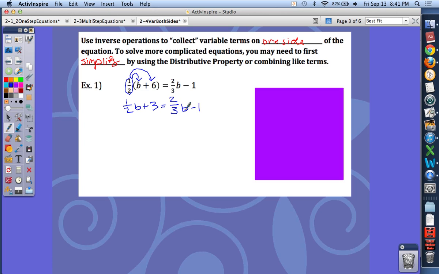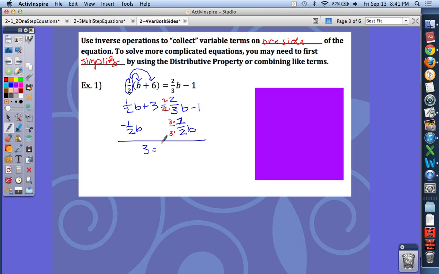I think it's easier to take the variables to the side where there's more, okay? So 2/3 is bigger than 1/2. I'm going to get rid of this negative 1/2 b over here and put it over on this side. That's going to leave me with 3 equals. I need a common denominator for this, so let's show the work for that. I would multiply this first one by 2 and the second one by 3.